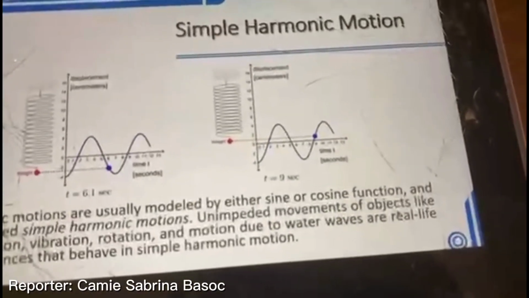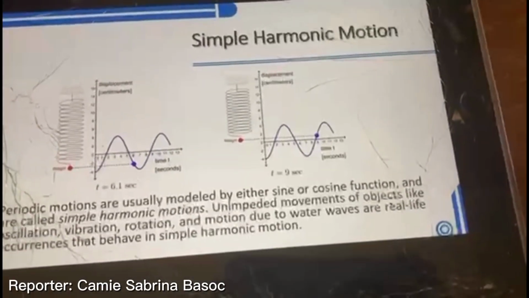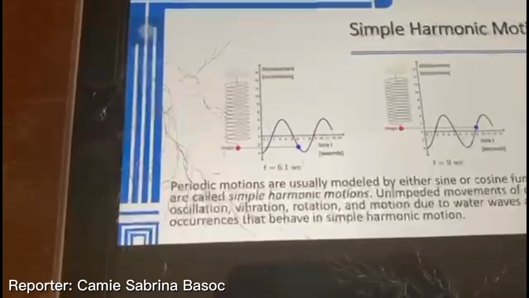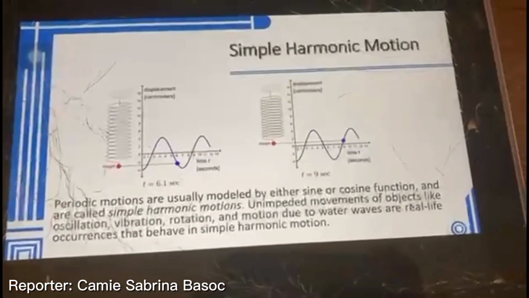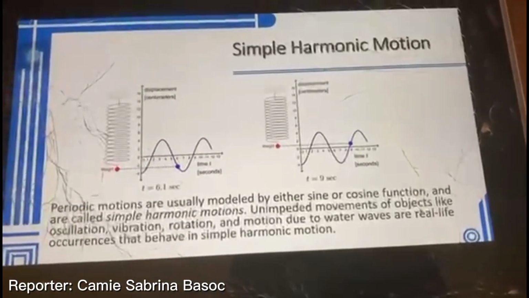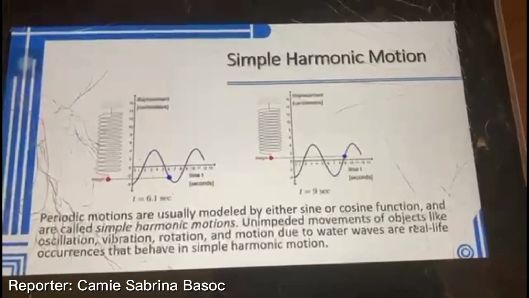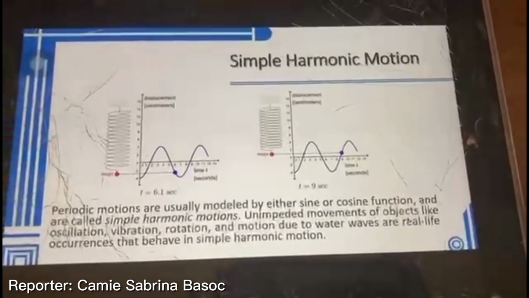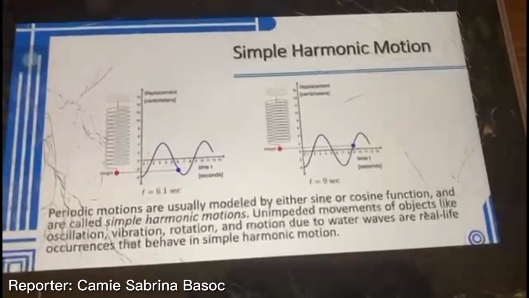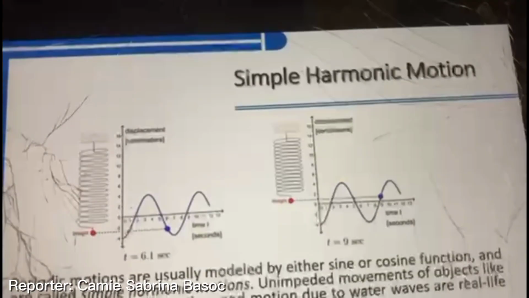When we say unimpeded, meaning no obstruction. These are real-life situations, and when we say occurrences, meaning events, that behave as examples of simple harmonic motion like this.